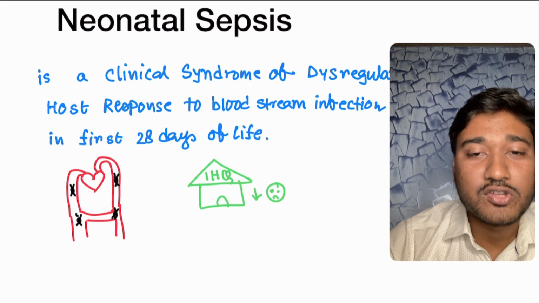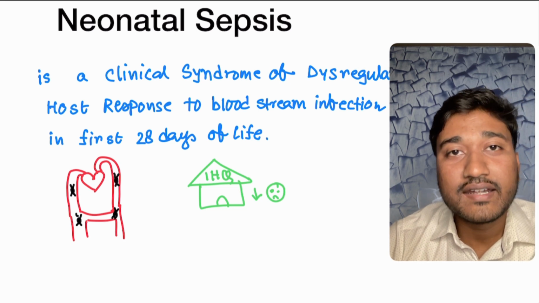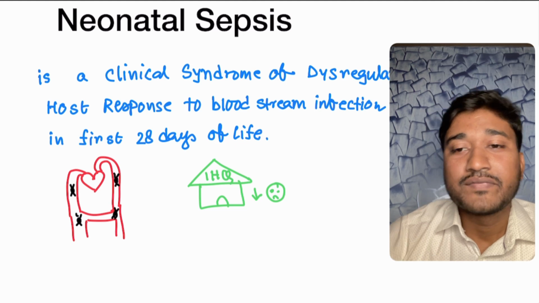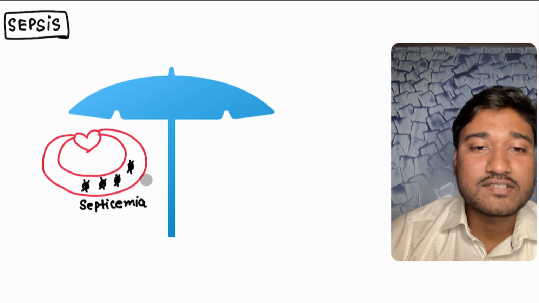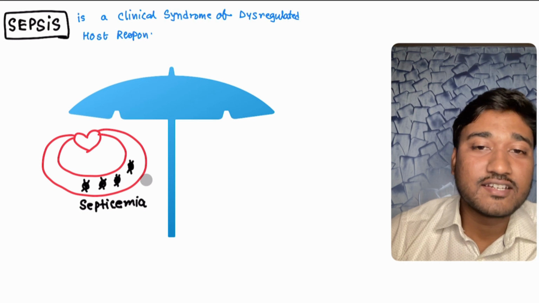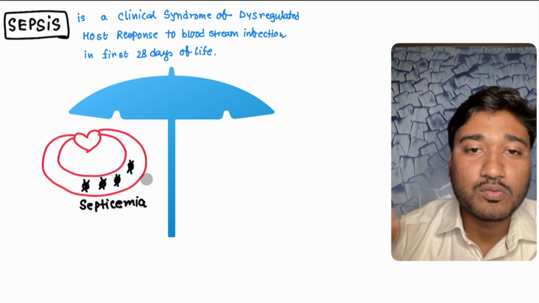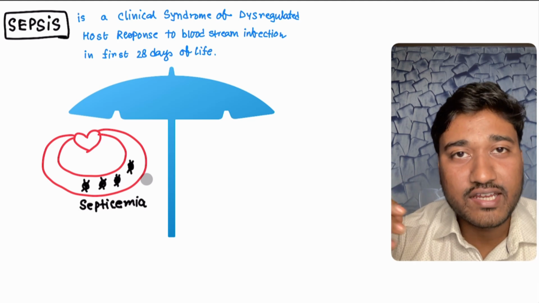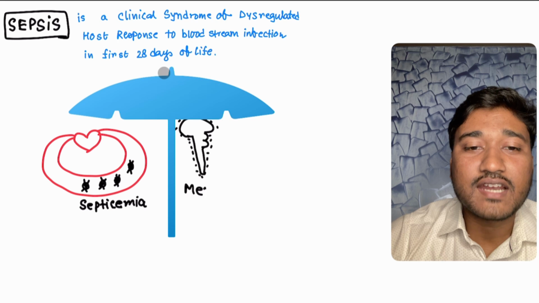This is called neonatal sepsis, and this neonatal sepsis is usually a deep seated infection, that is usually bloodstream infection. Okay, so once again, what is sepsis? The clinical syndrome where there is dysregulated host response to a bloodstream infection in the first 28 days of life. This term sepsis is an umbrella.